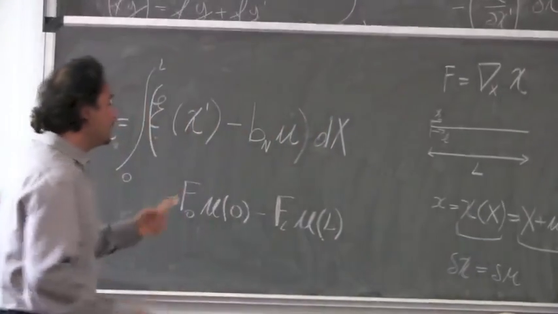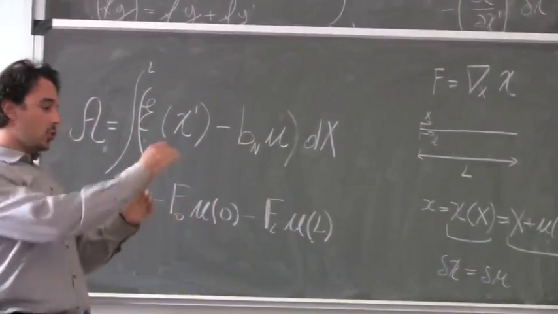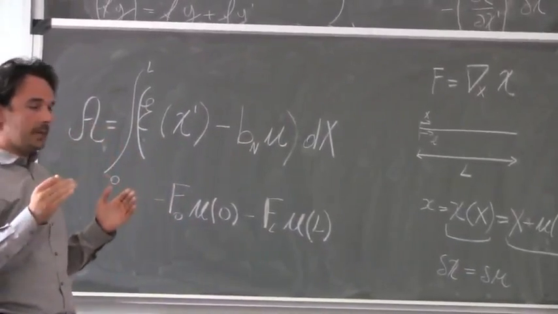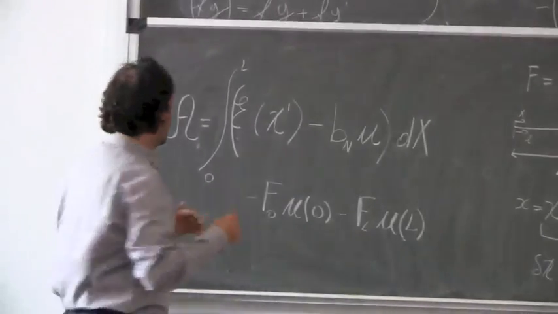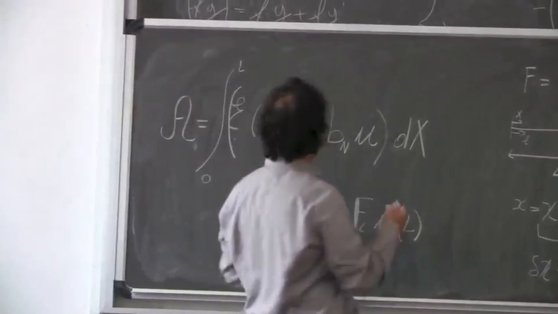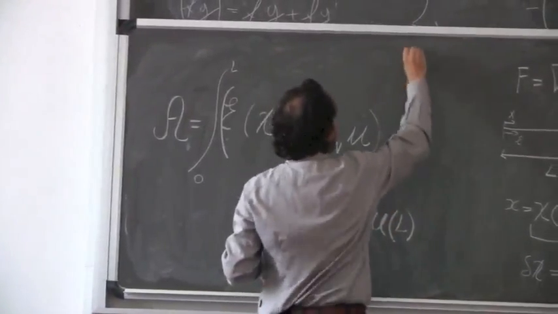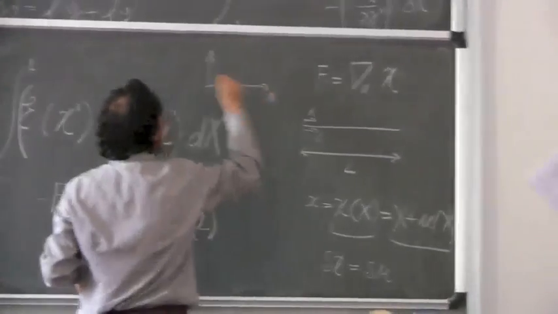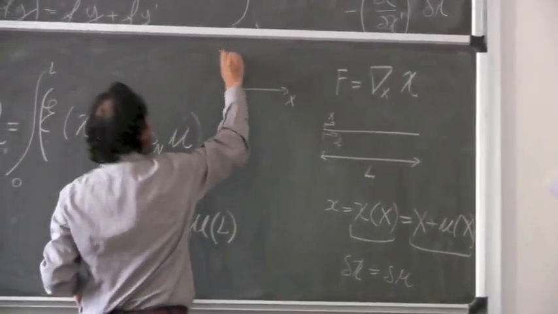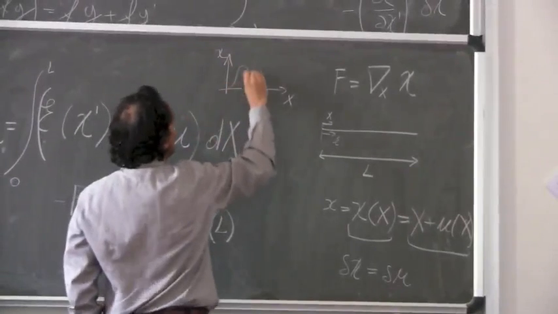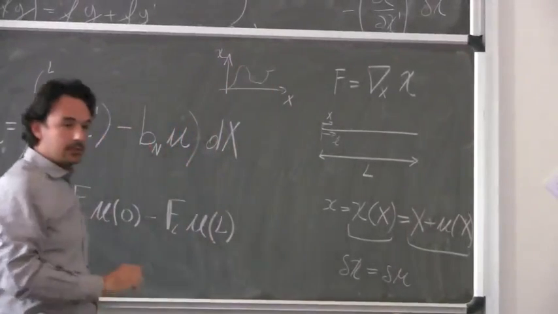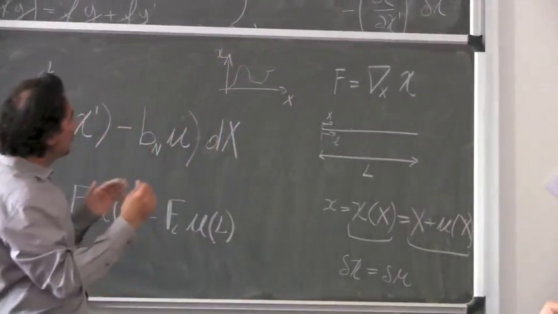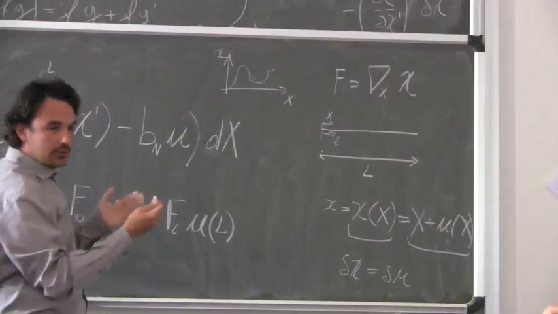What does variation mean? You have a displacement, maybe this is x and this is t. Let us assume that we have a displacement, and then you evaluate the variation of the displacement.